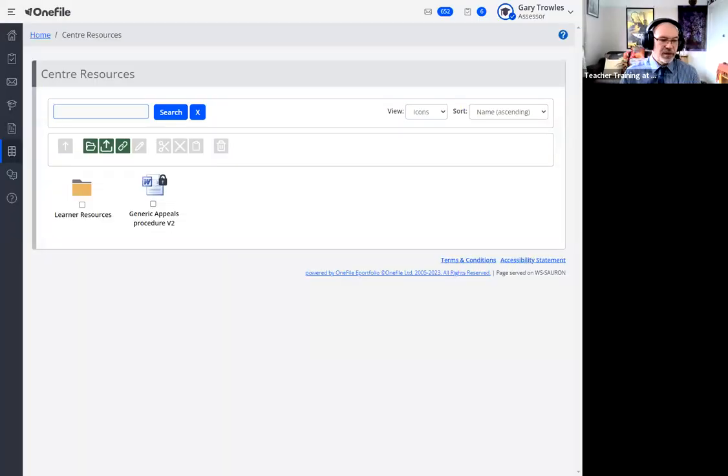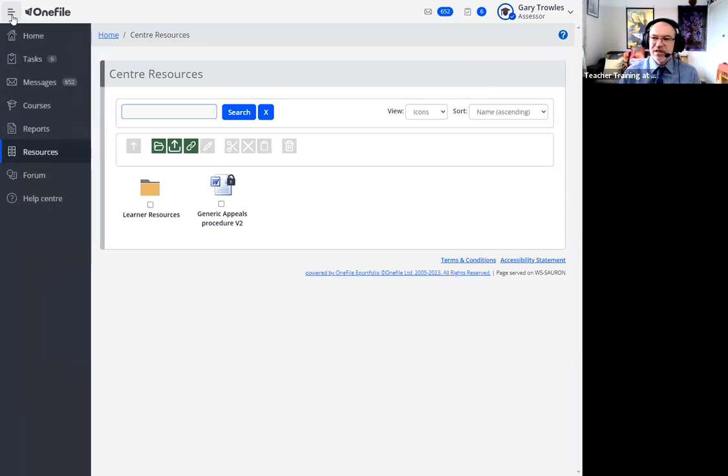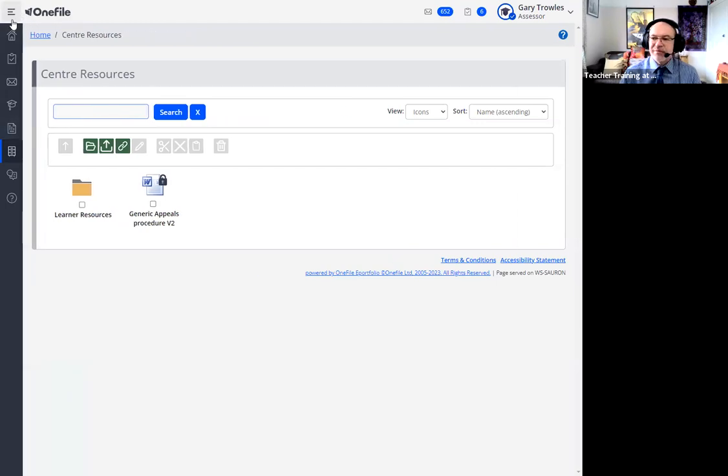I just quickly want to show you, hopefully you know your way around OneFile now, but just in case, and for the benefit of those watching on the recording. If you go to OneFile Resources, which is the little filing cabinet down the outside, or if you've got the text switched on, it actually says Resources next to the little filing cabinet.